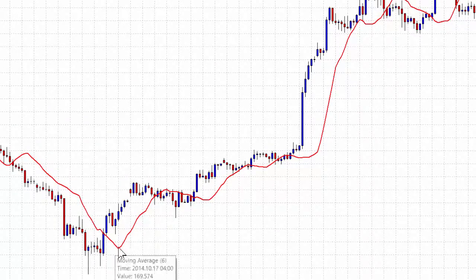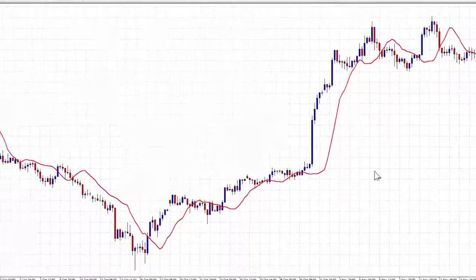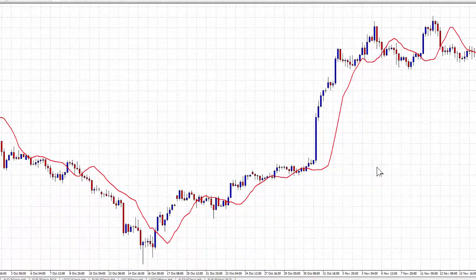So if you look over there, the cutover is a clean cutover. Cutover over there is a clean cutover. So by shifting the moving average into the future, you have much cleaner cutovers and much easier identifiable phases in the market where you can identify the buy phase and the sell phase.